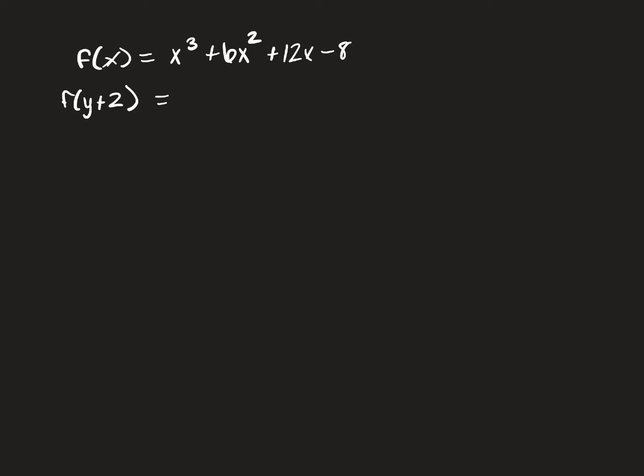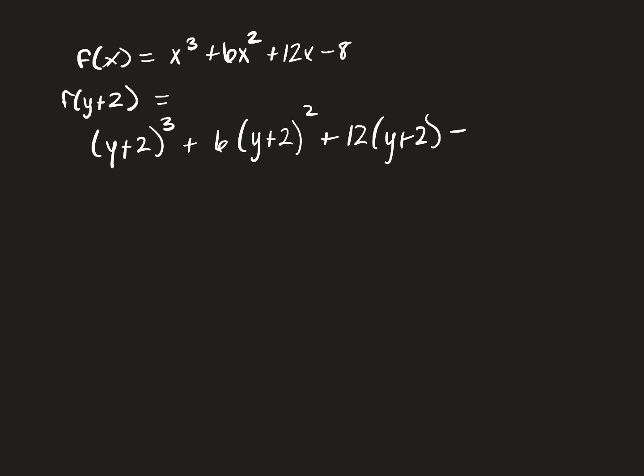So what that's going to look like is y plus 2 cubed plus 6 times y plus 2 squared plus 12 times y plus 2 minus 8. So you need to FOIL it and then cube it. So I'm going to FOIL it first.